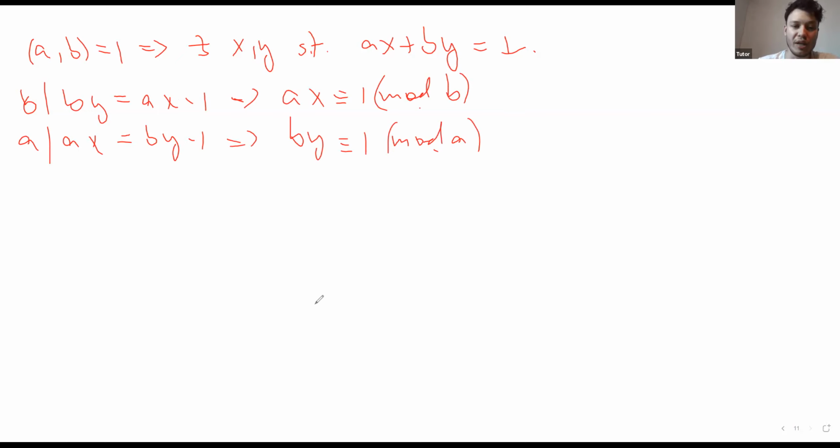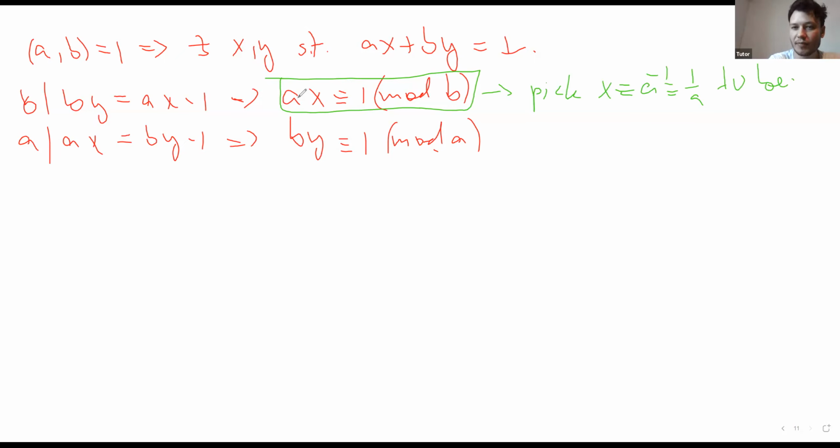So the theorem is saying, how can I find such x and y? Well, the way you can do it is you can find an x that's a modular inverse of A mod B, right? So if A and B are a good pair, then I can pick x to be the modular inverse of A, which is A to the minus 1, or 1 over A. So basically, pick x to be the inverse of A mod B. Well, then what do I have from here?